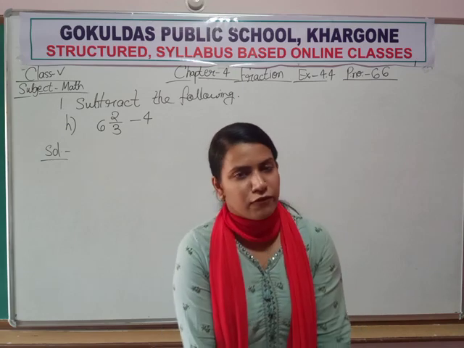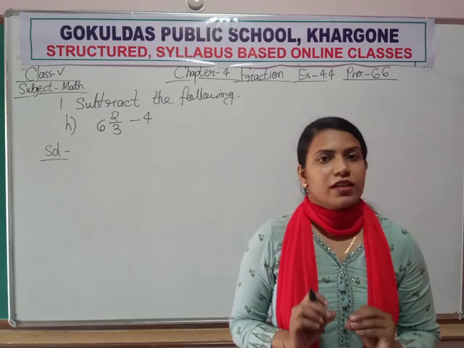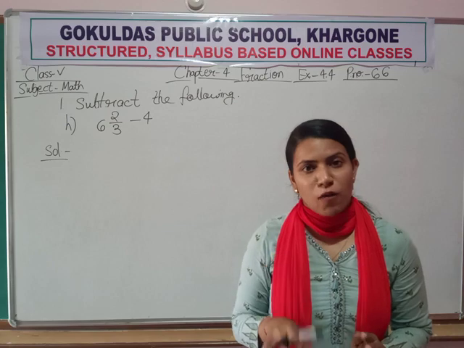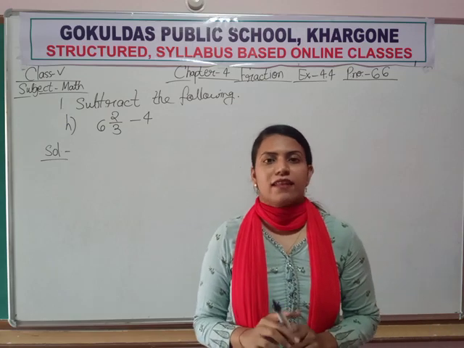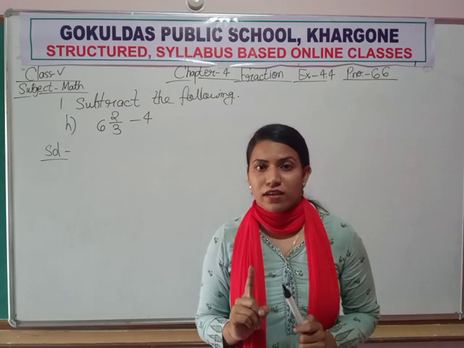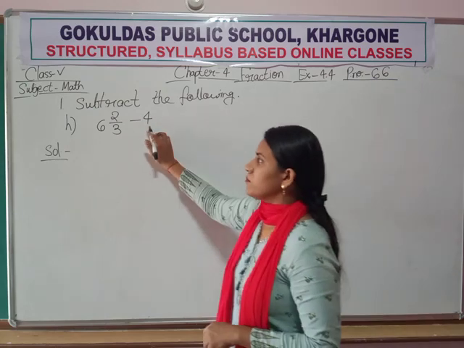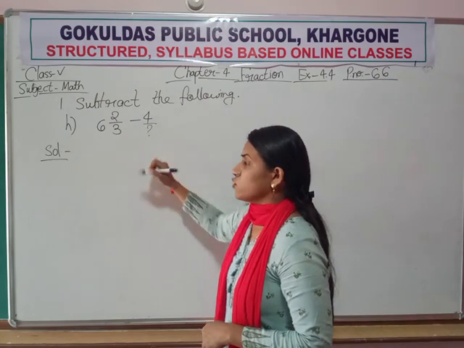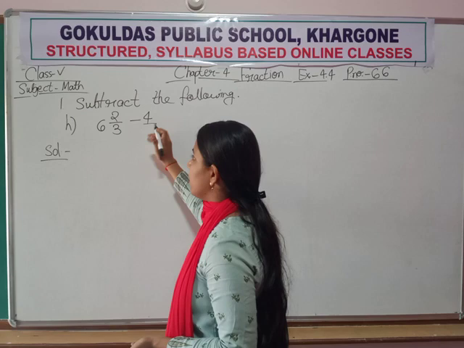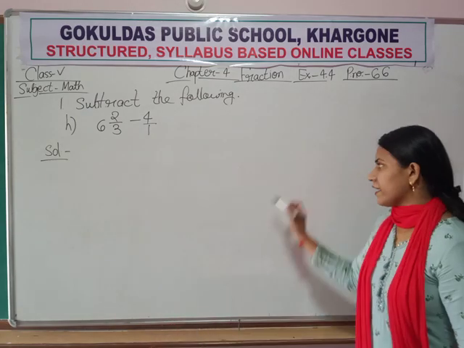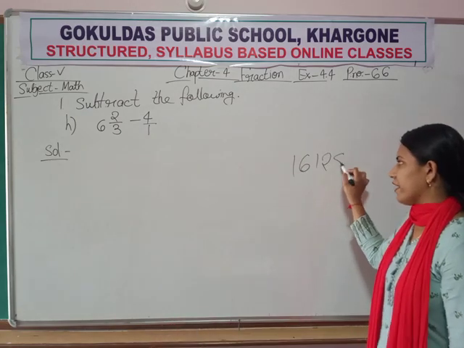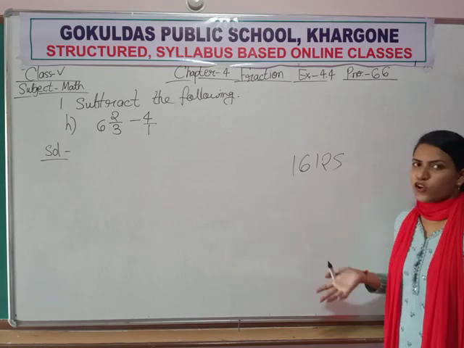Here one thing I want to tell you: if there is nothing in the denominator of any number, then there is always the number 1. As here you observe that there is nothing in the denominator, so what is the number? 1 is there. If I write 1, 6, 1, 2, 5, there is nothing in the denominator.